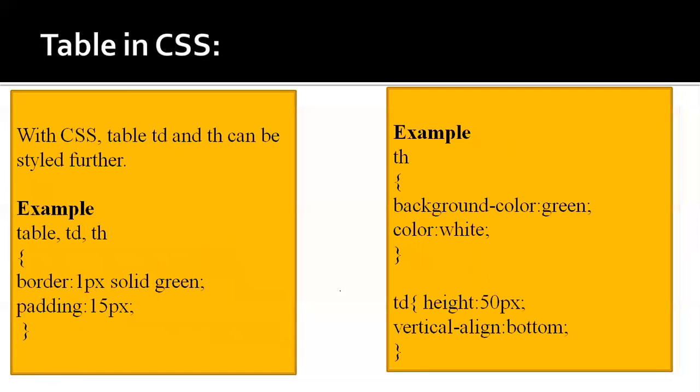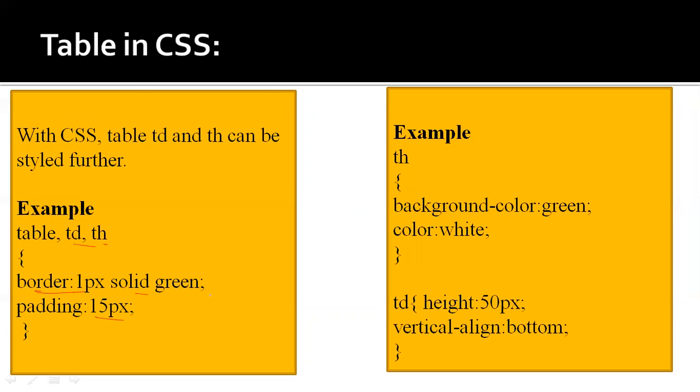Then you can apply CSS in tables also. For example, table, table data, table heading tag: border 1 pixel solid green. It means the border is specified with some properties as 1 pixel solid green. Padding is 15 pixels.